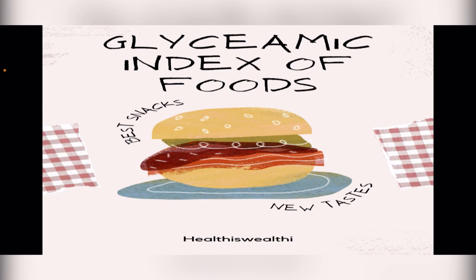The American Heart Association recommends a daily sugar total of 36 grams for men and 25 grams for women. If you are diabetic and you implement some of these that I've talked about in this video in your life, you will see a change and you'll be able to avoid diabetic complications.